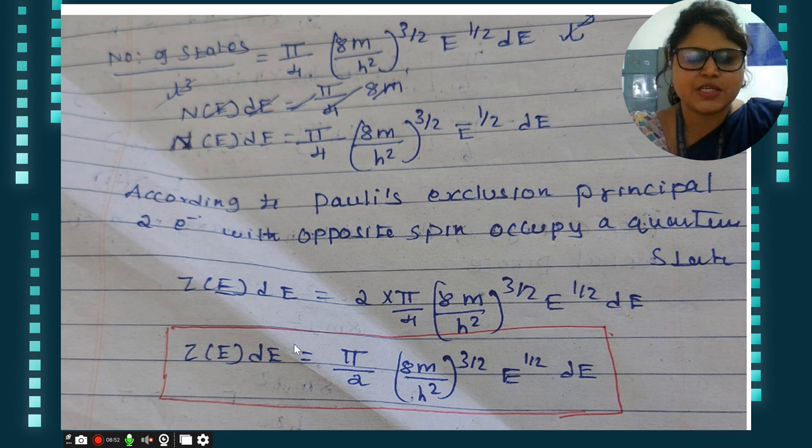The density of energy states is given by g(E) = 2 × pi by 4 (8m/h²)^(3/2) E^(1/2) dE. So if you multiply with 2, because we are considering 2 electrons, the density of states is given by pi by 2 (8m/h²)^(3/2) E^(1/2) dE.